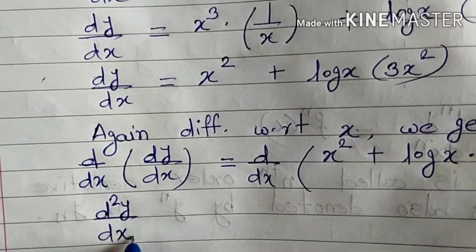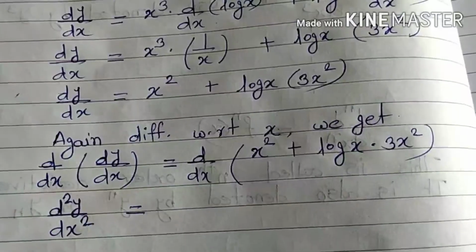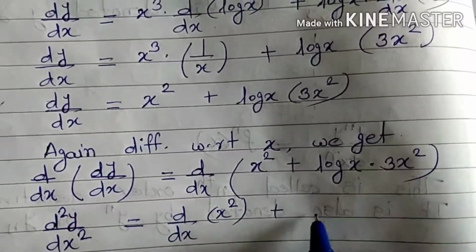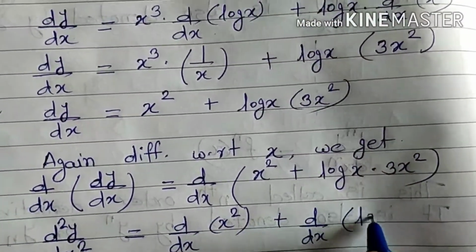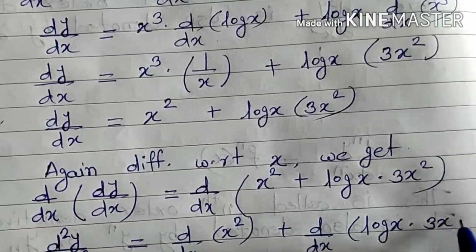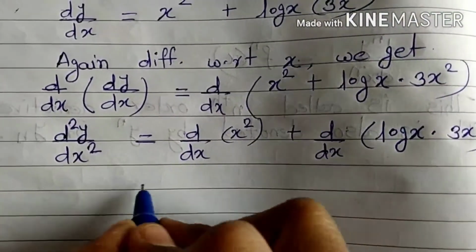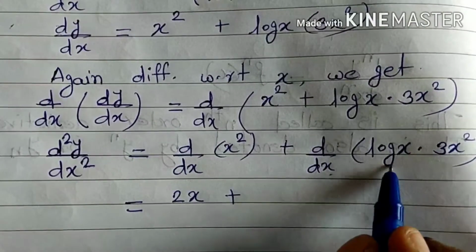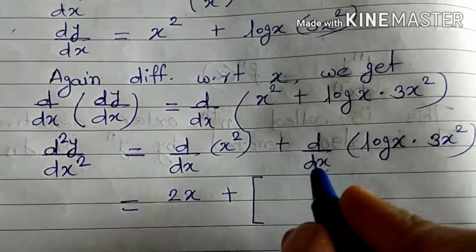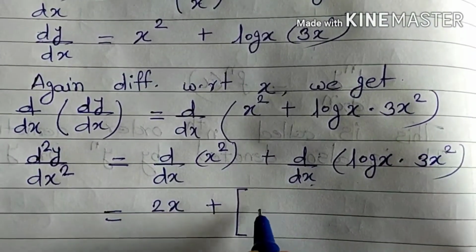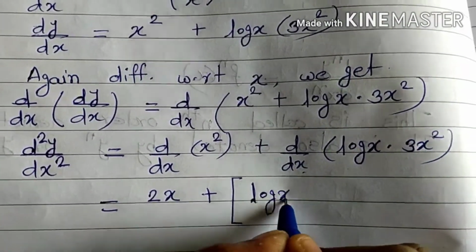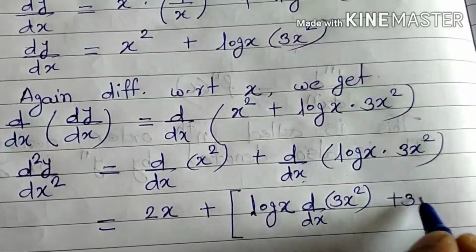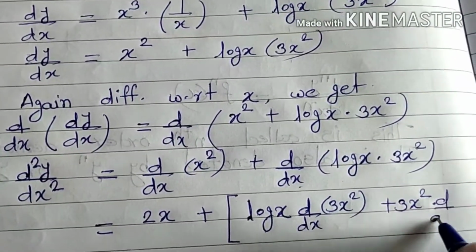Taking differentiation, d2y by dx square is equal to d by dx of x square plus d by dx of log x into 3x square. So the derivative of x square is 2x, plus we have to use the product rule here. You can take a bracket here. Log x as it is into the derivative of 3x square, plus 3x square as it is and the derivative of log x.